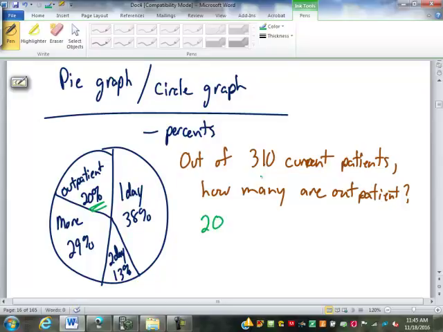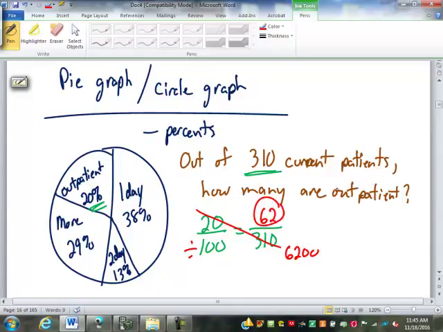So I have to find 20% of my 310. So 20% is 20 out of 100. How many is that going to be out of 310? So 20 times 310, 6,200 divided by 100 is 62. So 62 of them are outpatient.